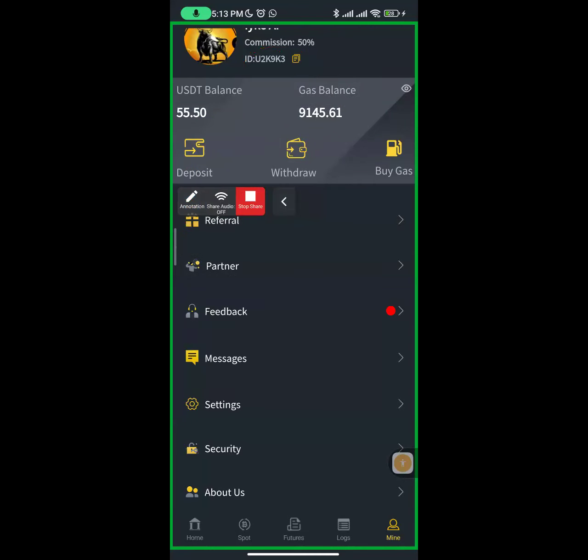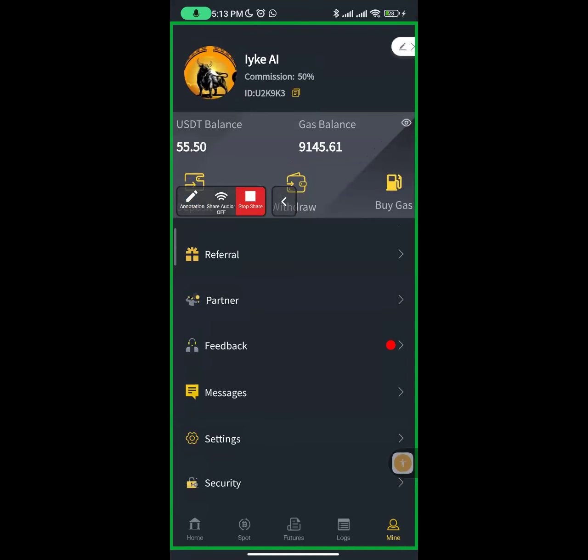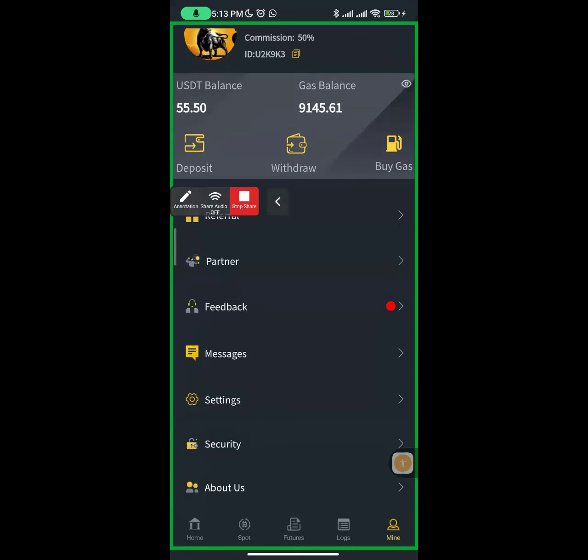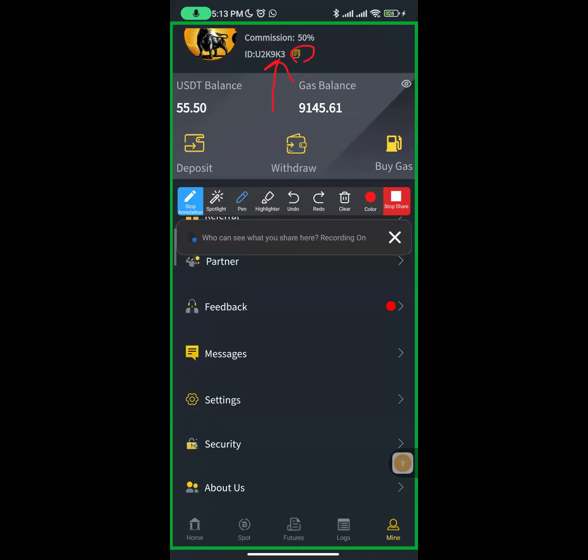You copy your ID by tapping on this, and send it to the leader or your partner, your upline, and he or she will help you escalate from there, and you become a partner with Apollo. That's how it is, and it gives you your commission percent.